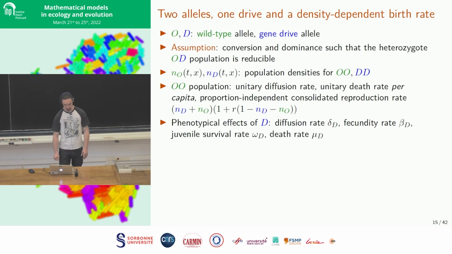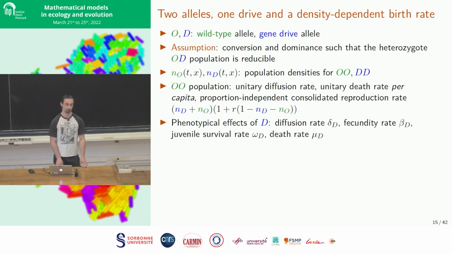And so you obtain the reaction diffusion model with two alleles, O for the wild type and D for the drive. You assume that conversion and dominance rates are such that you can get rid of the heterozygous population. So you have only two population densities to track, N_O, the wild type population density, and N_D, the drive population density.